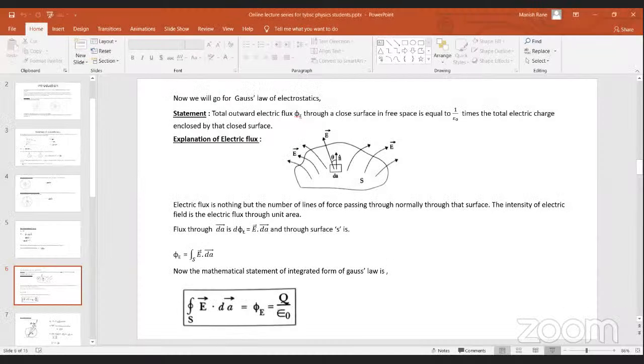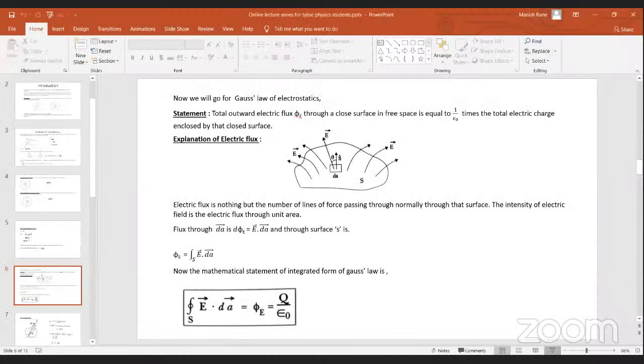So this is the mathematical statement of the integral form of Gauss law. Okay, so let us have a proof of that particular Gauss law.